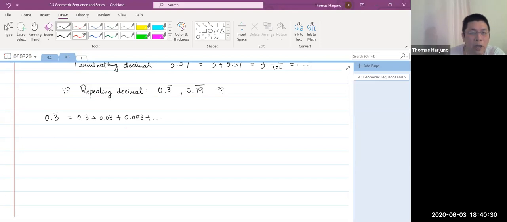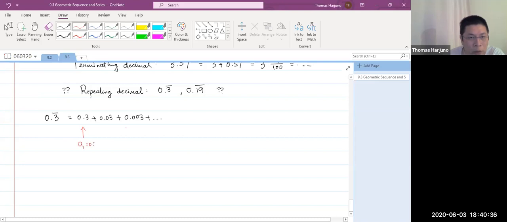Now, notice that this actually forms a geometric series where the first term is 0.3, and then I keep on multiplying by 0.1. Now, this 0.1 that I multiply by is actually coming from one digit that is being repeated.